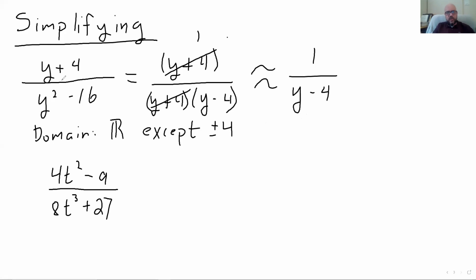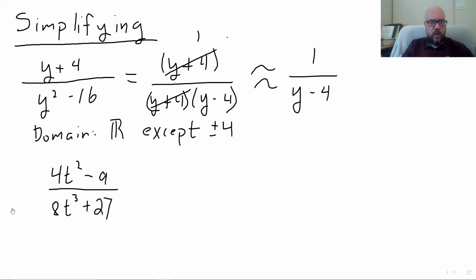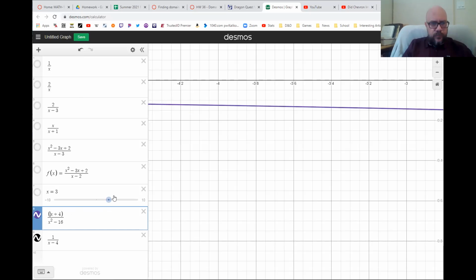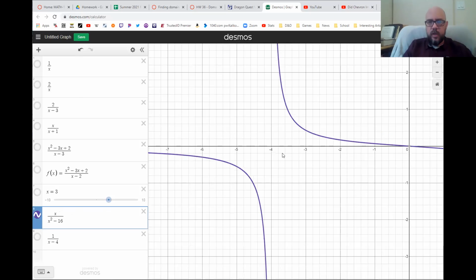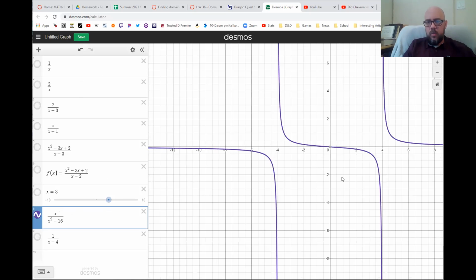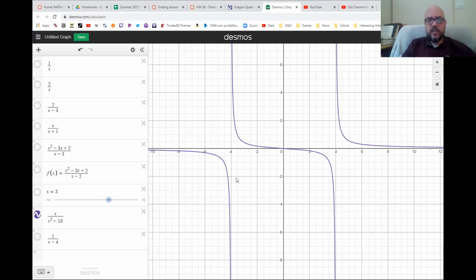However, let me show you what happens. So if this was just like y over y squared minus 16, right, instead of y plus 4. Do that. Show that one. It looks very different, right? It looks pretty much the same here, but lo and behold, it is in 3 pieces, right?